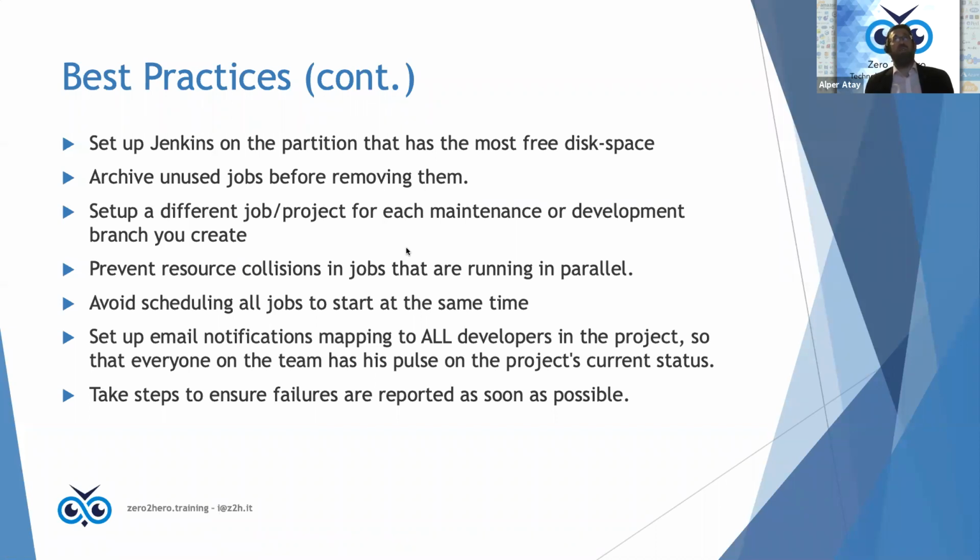So it's a good idea to archive them before removing. And set up a different job project for each maintenance or deployment branch you create, so that you will be able to manually configure them, and you won't be doing something unintentionally. It's very possible to make mistakes while you are doing copy paste.